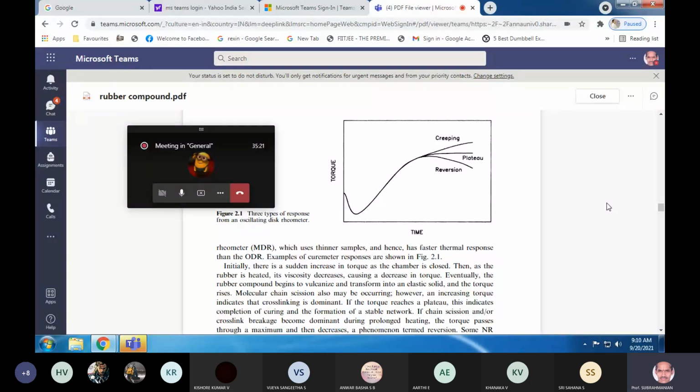That very well goes with the rubber chloroprene, polychloroprene rubber, and closely following chloroprene is the SBR. In certain nitrile rubber compositions, we come across marching modulus.